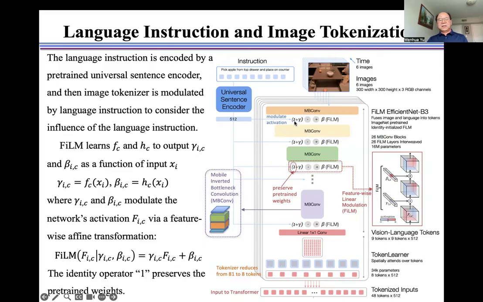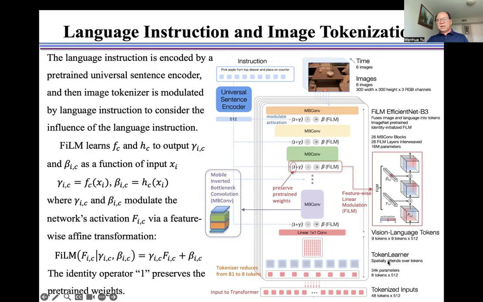This one is to preserve the pre-trained weights from the universal sentence encoder. This is feature-wise linear modulation, as shown here. And this MBConv is a mobile inverted bottleneck convolution, as shown here.